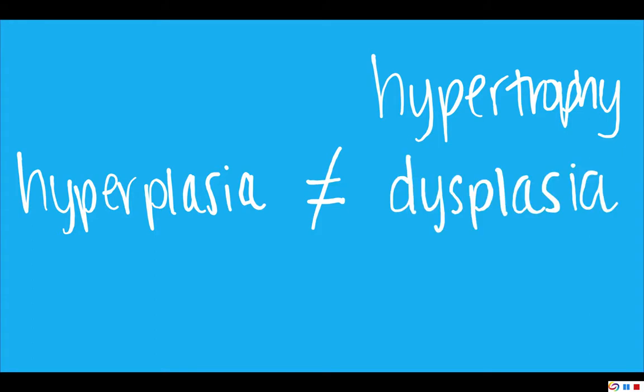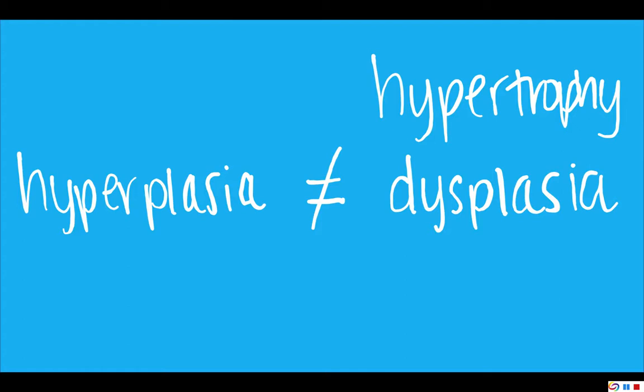Now, it's also important to note that hyperplasia is different than dysplasia. So hyperplasia is an increase in the number of cells, but they're still normal cells. Just like we saw on that adrenal gland, if you zoom in on the cells, the actual cells themselves look normal. But if they become weird, I guess, for lack of a better word, they become dysplastic.